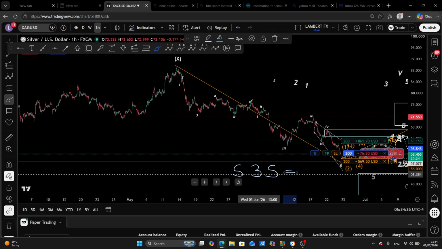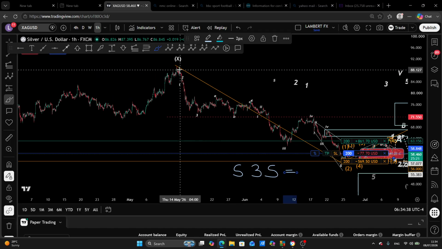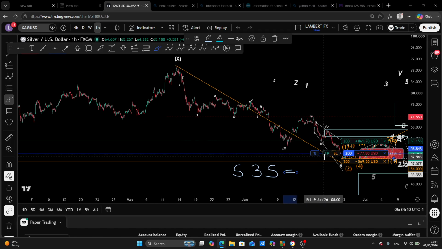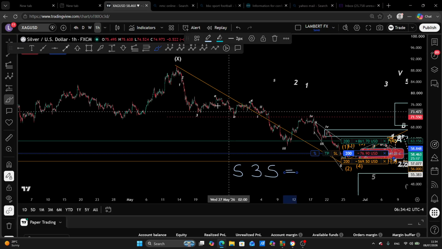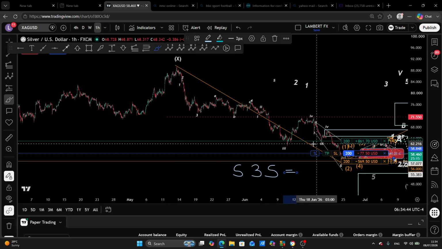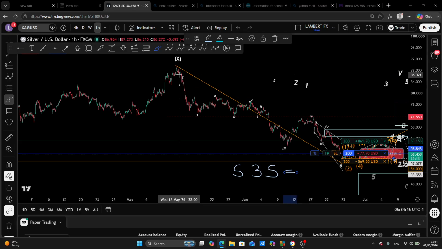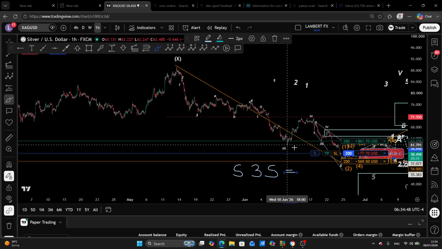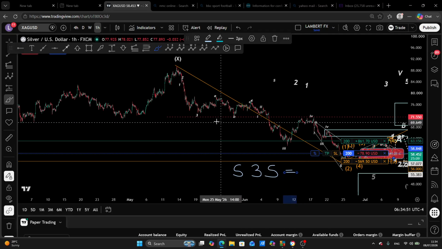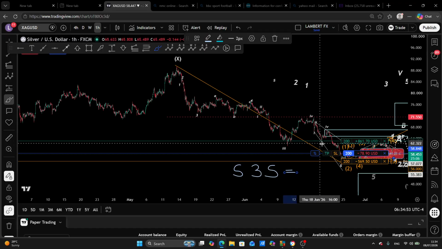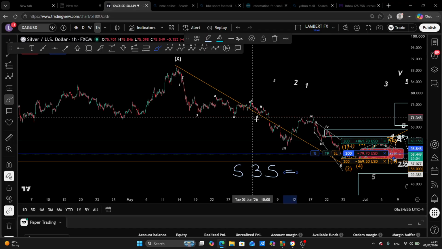So each leg down must be a 5 leg down. For example, we have a 5 wave down. As you can see, I've labeled this 1, 2, 3, 4, 5. So this here was the 5 leg down.